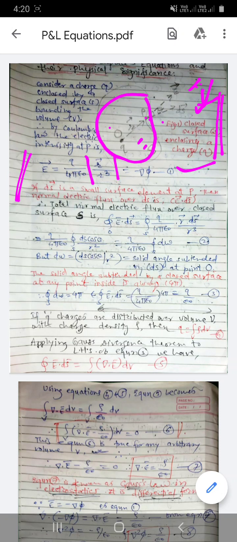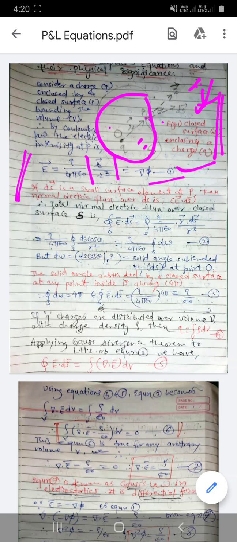Equation number 1. The charge Q enclosed by the closed surface S bounding the volume V at point P is expressed by this equation 1 as E bar equal to minus del phi.